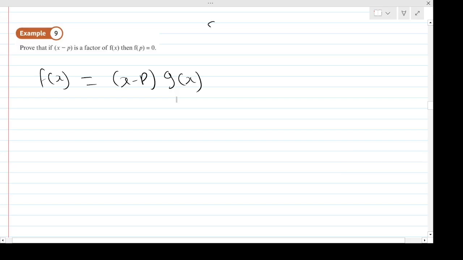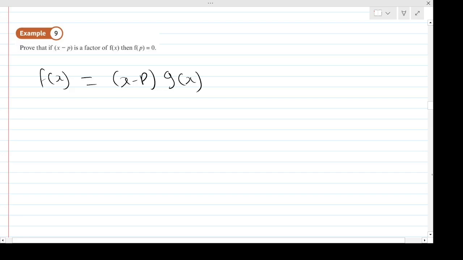For example, 4 is a factor of 8 because 8 is 4 times 2. 8 is a multiple of 4, but 4 goes into 8. It's a very similar concept here. Anyway, hopefully you see we can write it in that form. Because it's a factor, we can express it like this. We don't need to know what this g of x is. It's very general, so it's for any polynomials f of x, g of x. Anyway, we can write this.